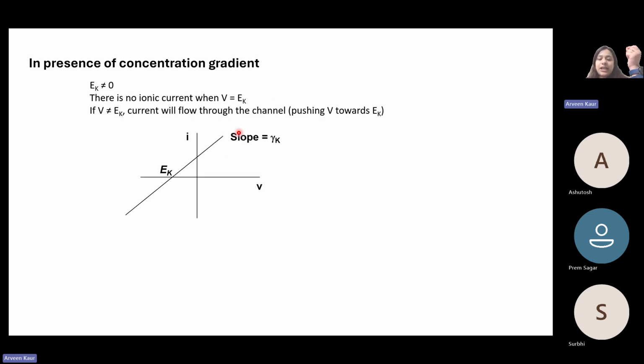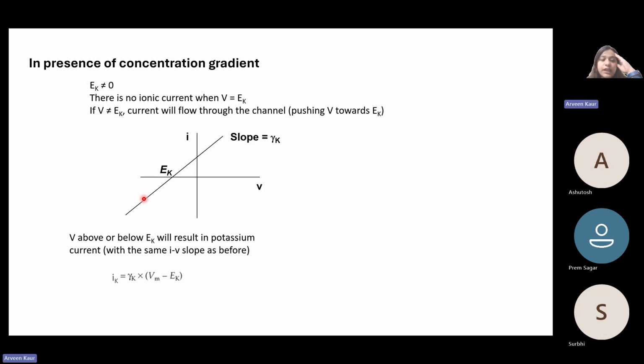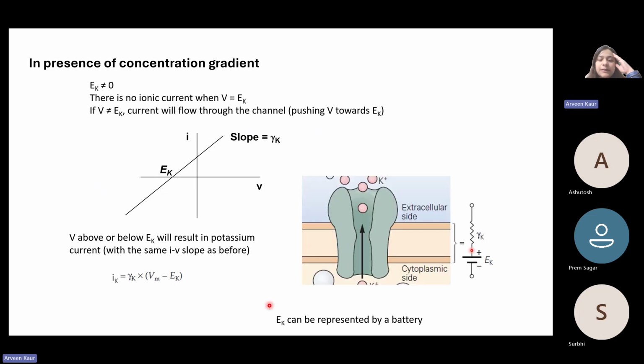So this will actually be the slope, but it will try to push it towards the equilibrium potential of potassium. So V above or below EK will result in potassium current with the same IV slope as before. So this will be the equation for that, and this is what we see.